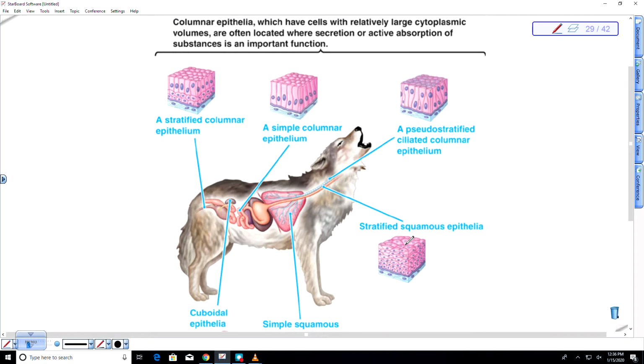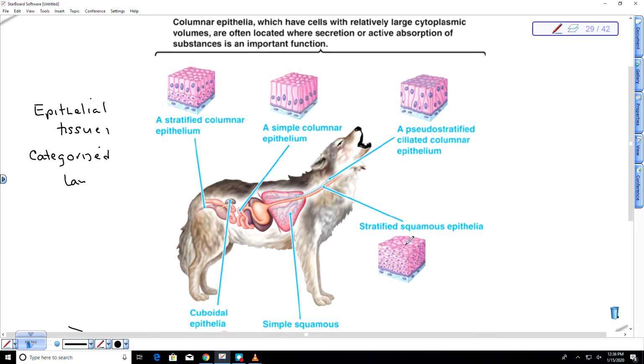So you'll notice here I've given you some different examples of epithelial tissue. One of the other characteristics of epithelial tissue is that it is characterized by cell shape and then the number of layers, which we already talked about. So if we're talking about epithelial tissue, we can talk about the way that it is categorized.